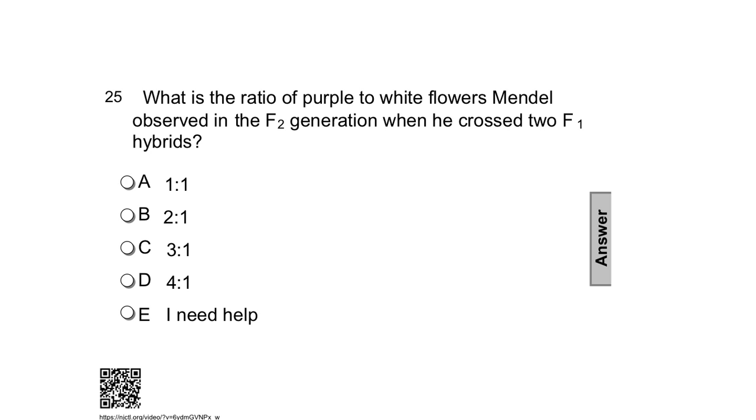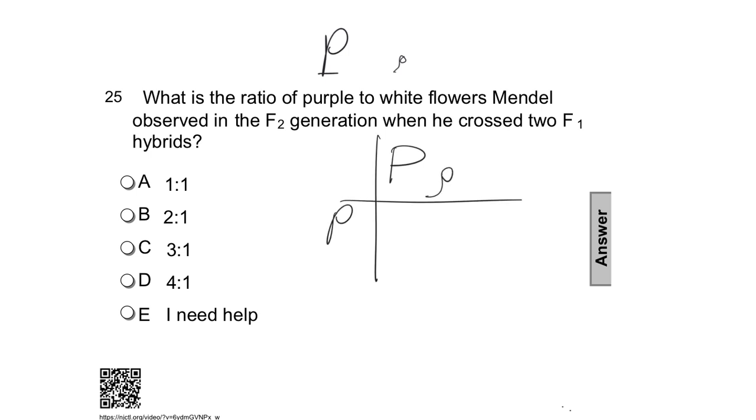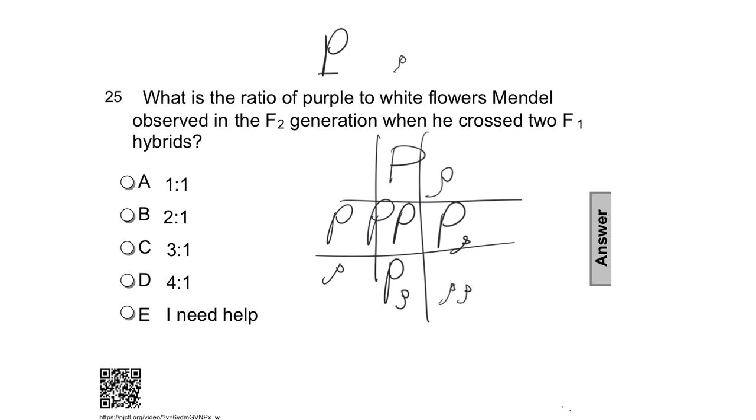Okay, so two hybrids. So again, I'd have to tell you purple is capital P dominant, white is little p. So he crossed two hybrids, which would be like that. Again, big P big P, big P little p, big P little p, little p little p.